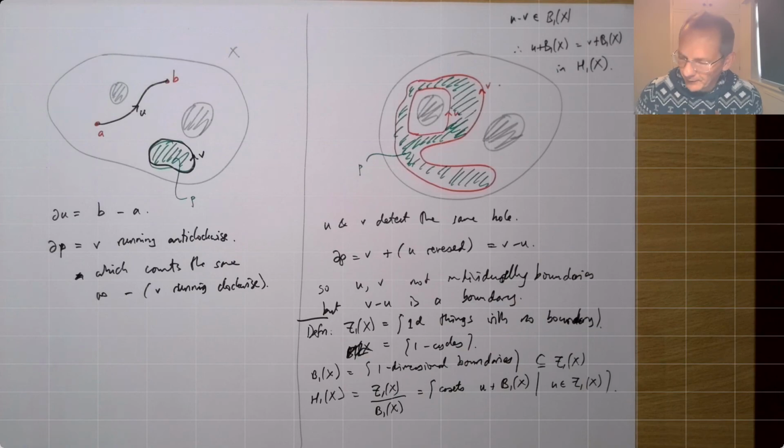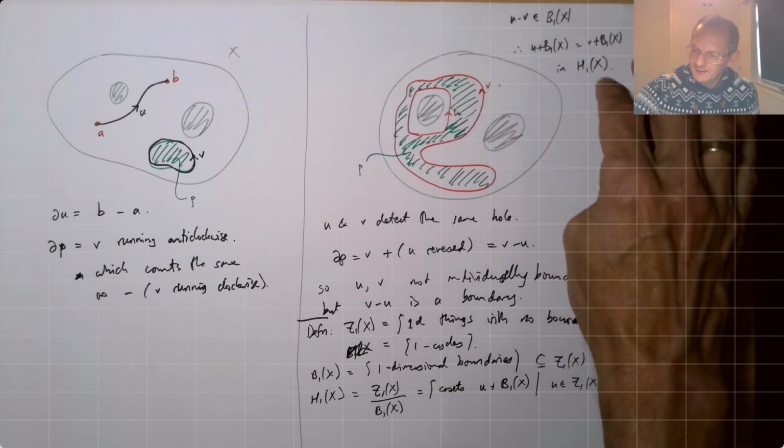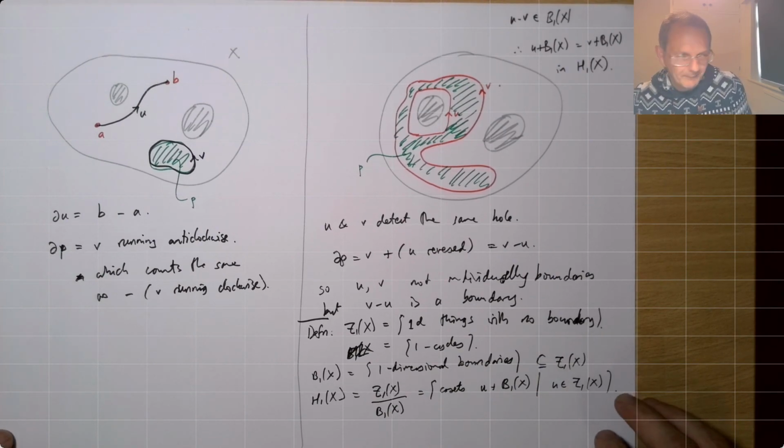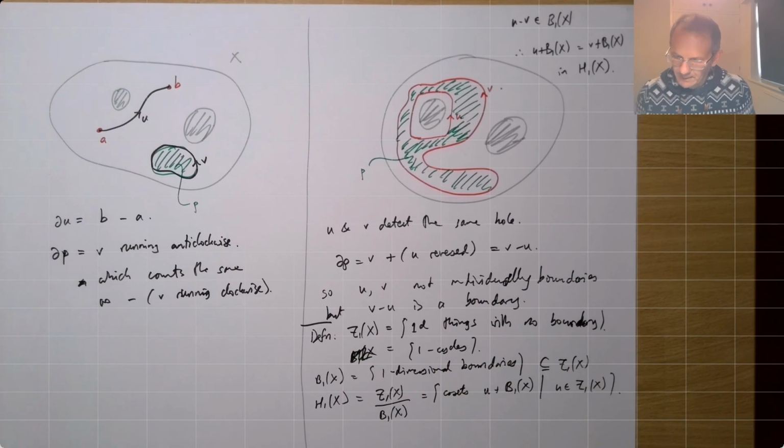The idea is that H1 of X is a group whose elements are basically the holes, in some sense, and so U and V give us the same element of H1, so that means that they indicate the existence of the same holes. So that will do for this video.